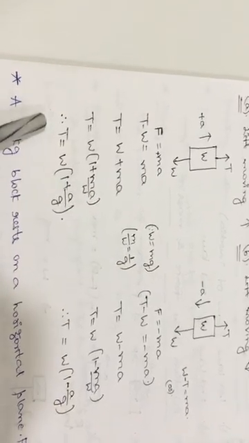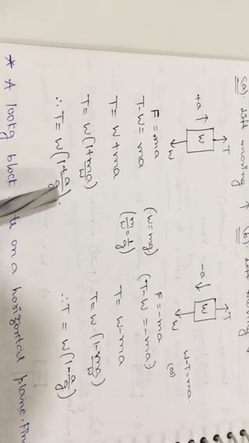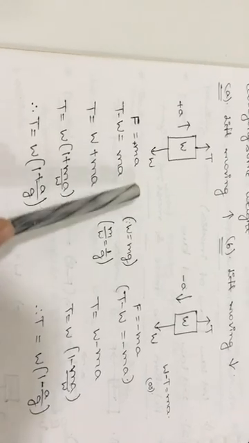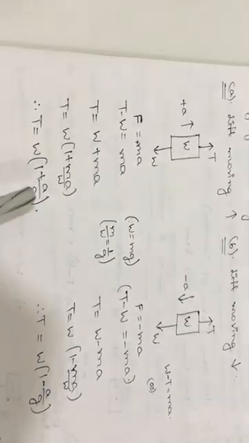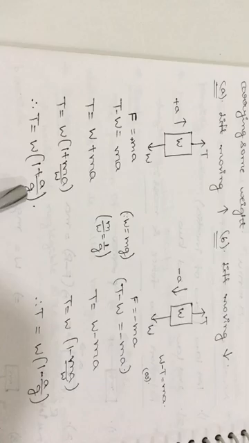Substitute 1 by g in place of m by W. So you will get the T formula in this way: T is equal to W of 1 plus a by g. This is the new formula, which comes from Newton's second law only. So this is the formula to calculate the T value when the lift is moving in the upward direction.